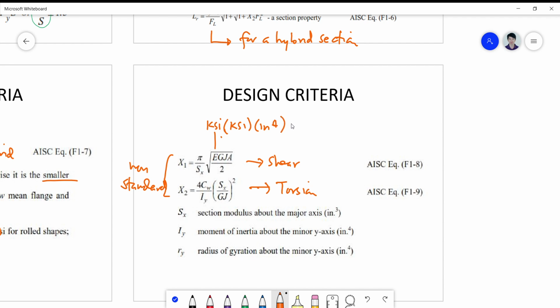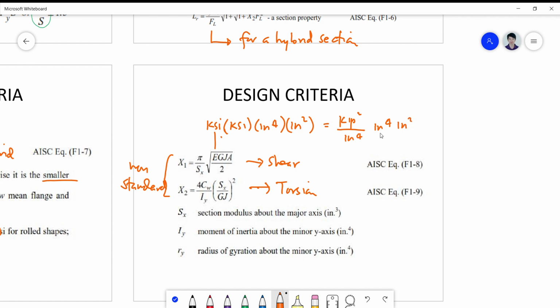Then A is in inch squared. So in the numerator you have a kip squared over inch to the fourth, inch squared.